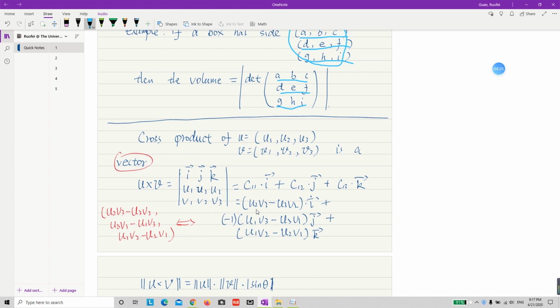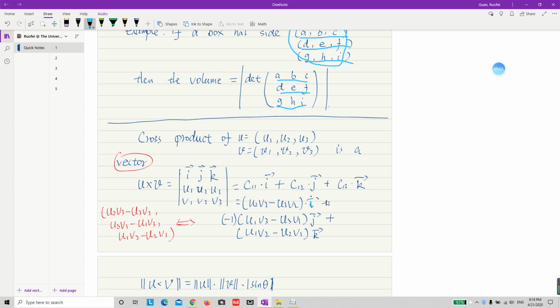Then we get the vector i times the cofactor C11. C11 removes the first row and first column, so it is the determinant of u2, u3, v2, v3, which is u2 times v3 minus u3 times v2, plus j times cofactor C12, plus k times cofactor C13.